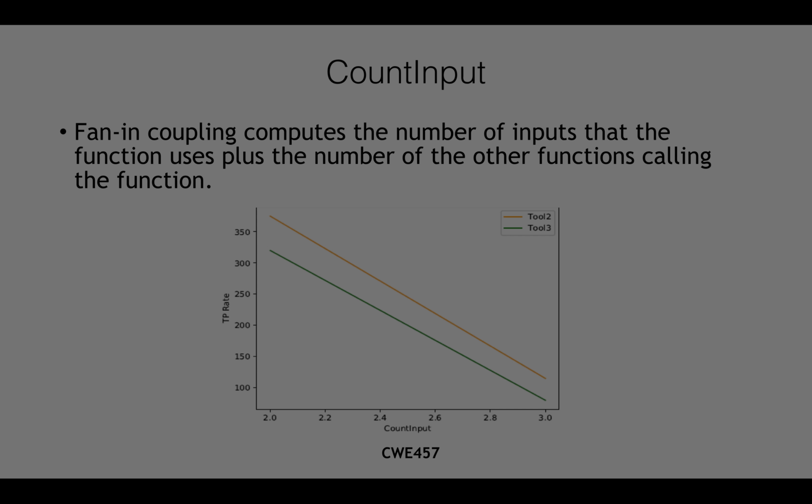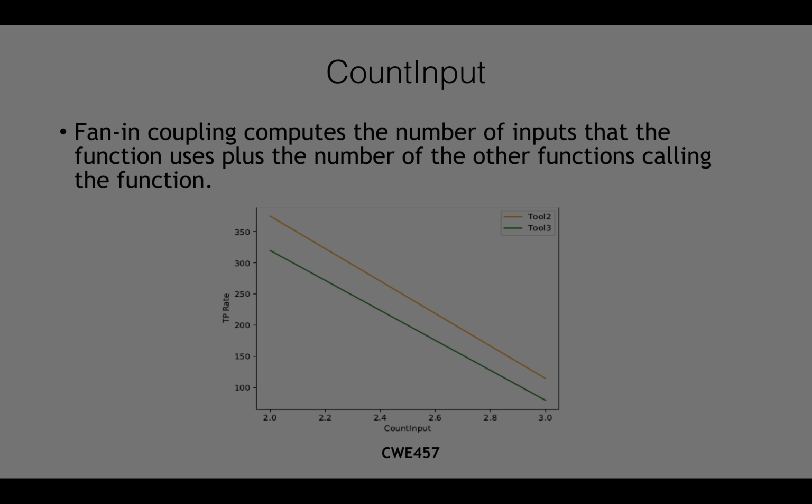This figure highlights the result of a static code analysis tool for CWE 457 based on the value of the fan-in or count input metric. As shown in this figure, the x-axis shows the true positive rate, while the y-axis shows the fan-in value.